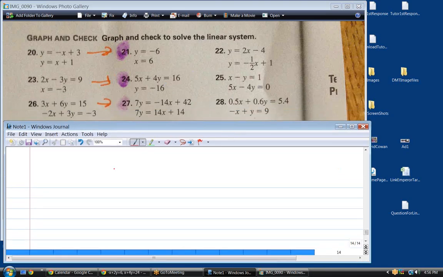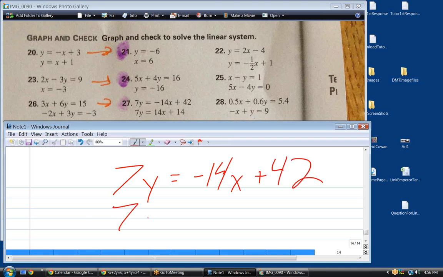All right, let's look at this one. Remember, the secret to solving two equations and two unknowns is to turn it into one equation and one unknown.